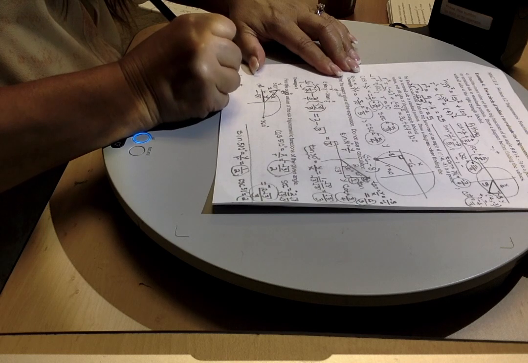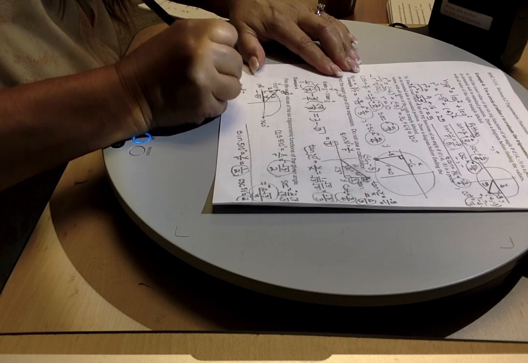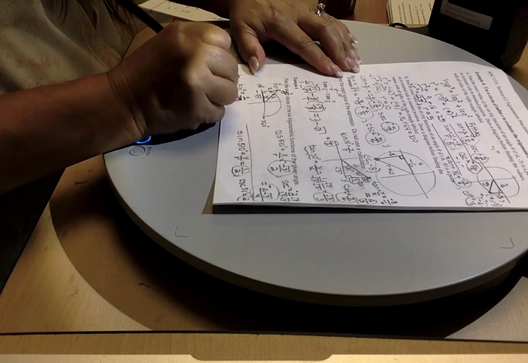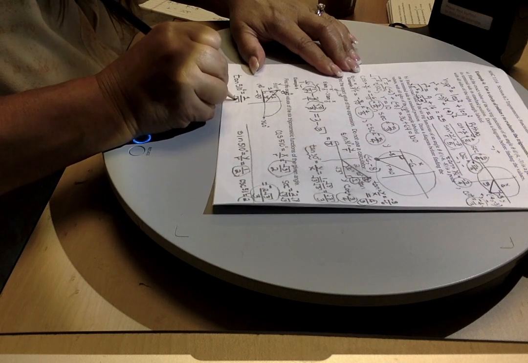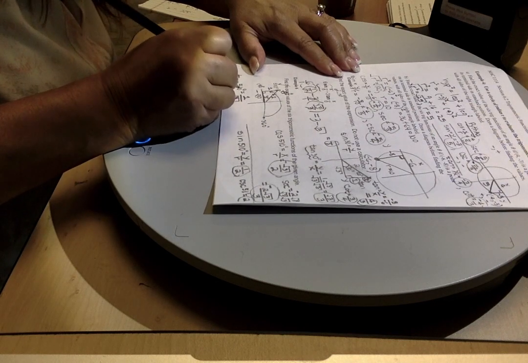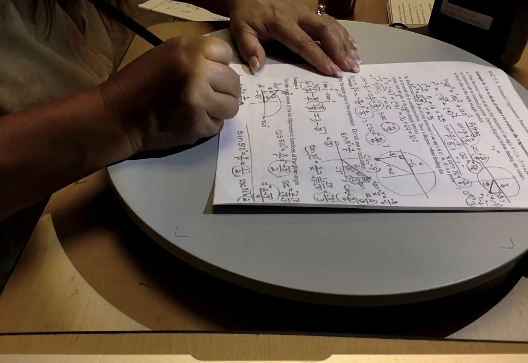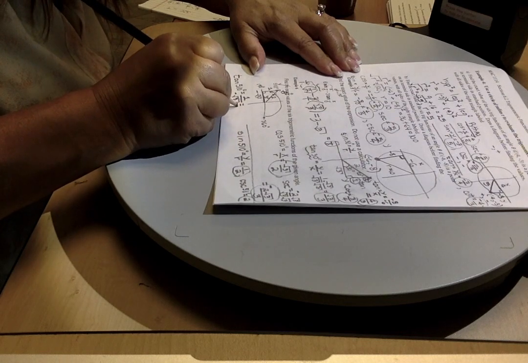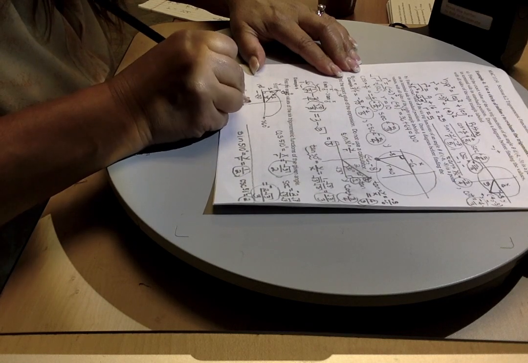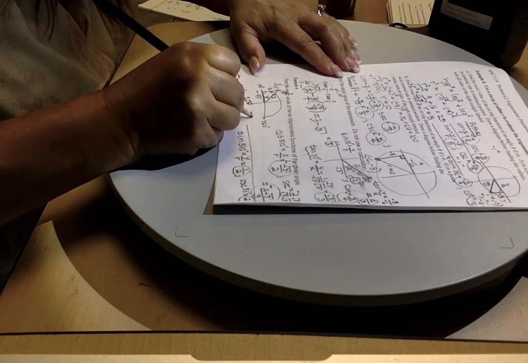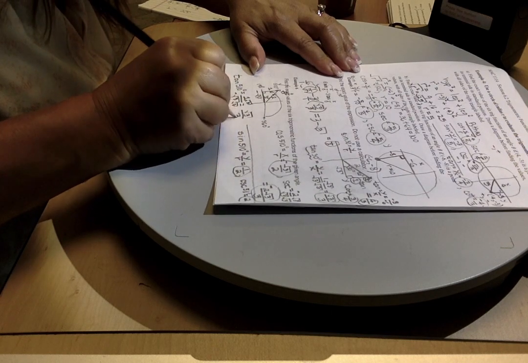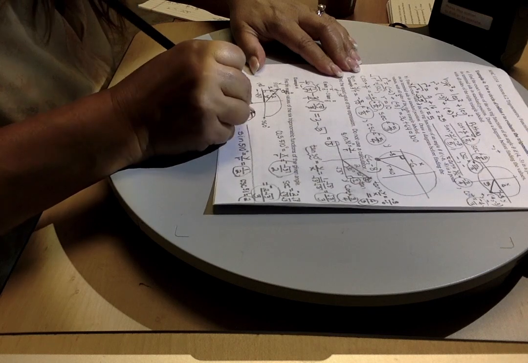Tan at 510 is y over x. So 1 over square root of 3. And that negative is right there, but you can float it to the top and rationalize at the same time. So the square root of 3 over 3, it was negative.